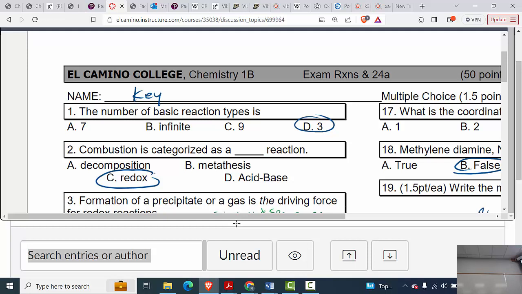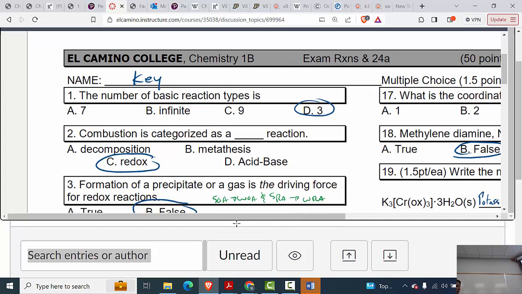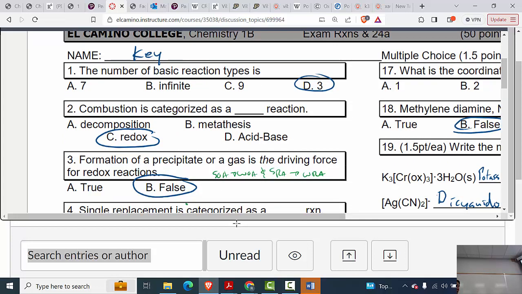And so we have acid base, metathesis, and redox. Those are the 3. There's subtypes like Bronsted, Lewis, etc. Combustion is categorized as a, what type of reaction is combustion?